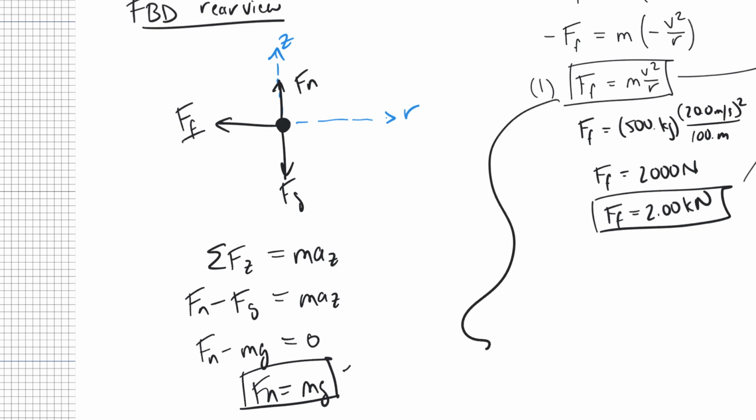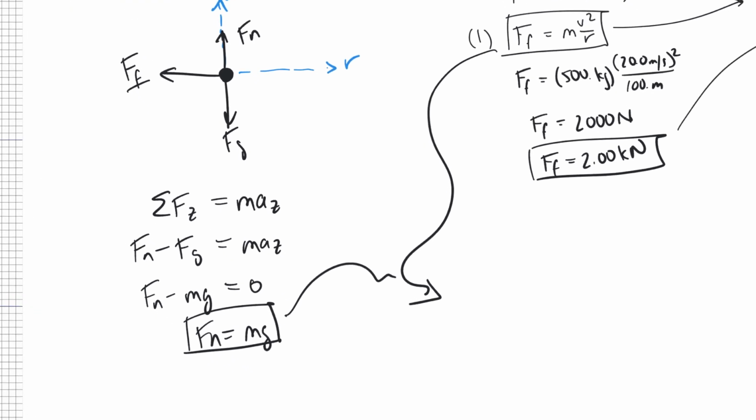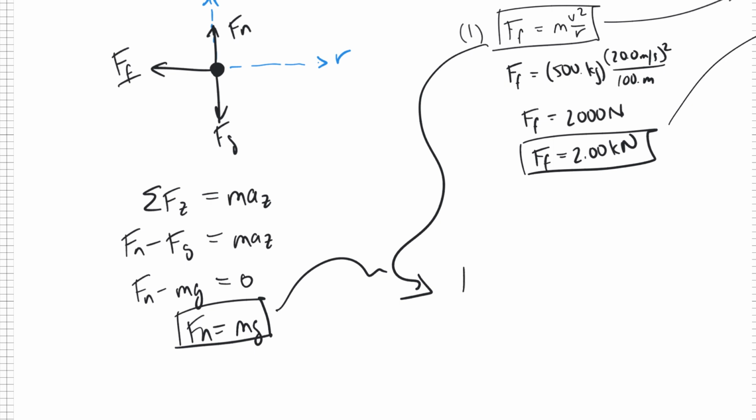Okay, now I want to take that first equation that I got from the overhead view, and I want to combine these two results. So basically I want to say force of friction equals mv squared on r. That's the result I got earlier. And I want to expand that, right? So the force of friction is mu times the normal force equals mv squared on r.